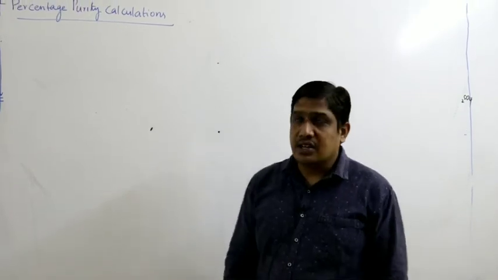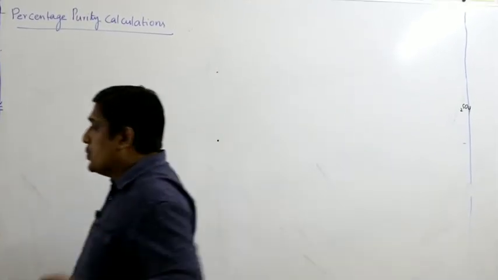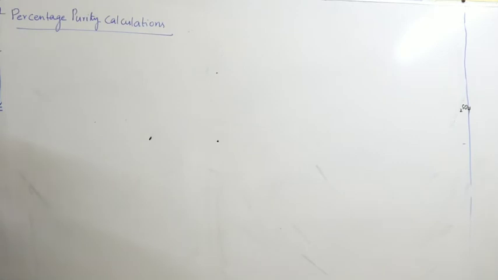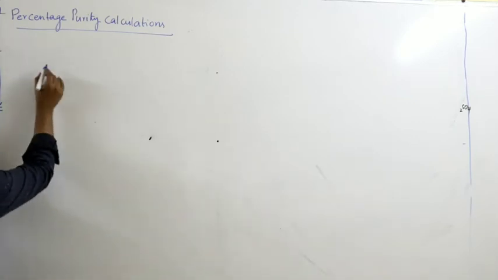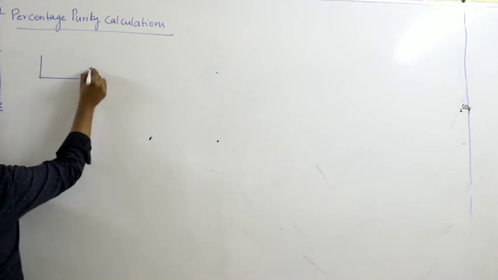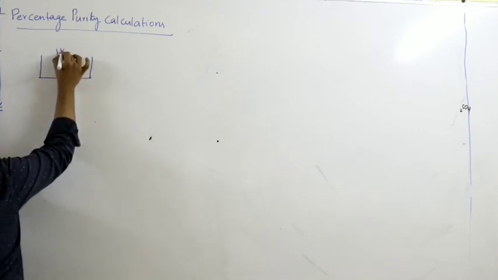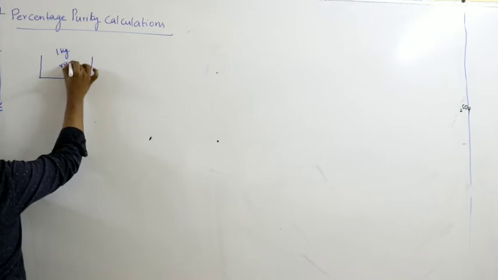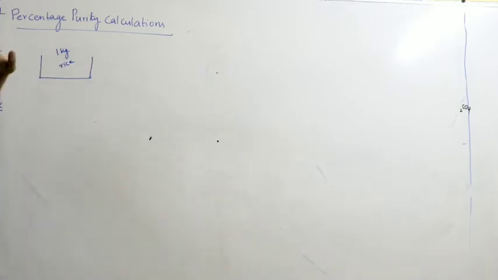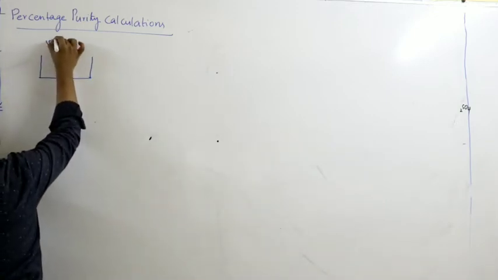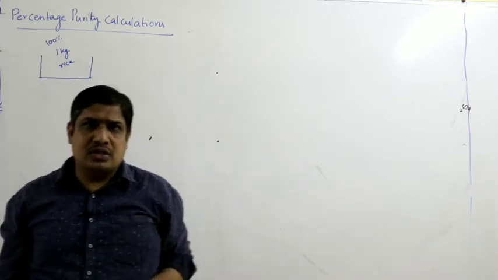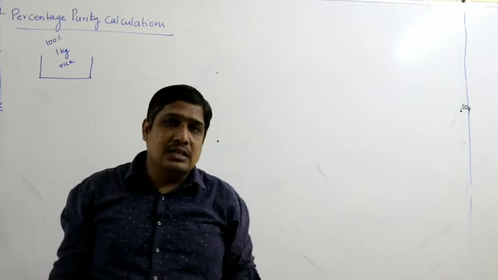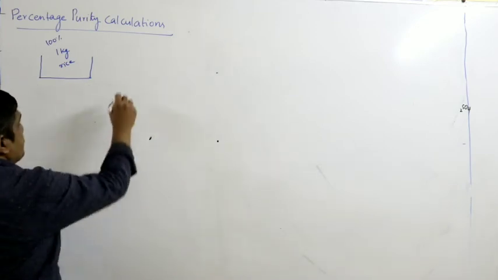Percentage based calculations. First one is percentage purity calculations. So what is the meaning of percentage purity? Suppose you went to a shop and brought 1 kg rice, which is 100% pure. That means it doesn't contain any stones, 100% rice, and you have cooked it.